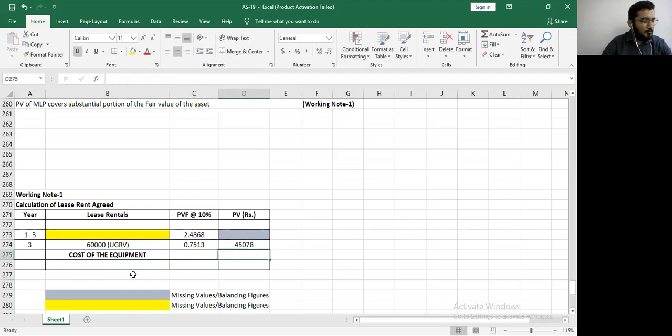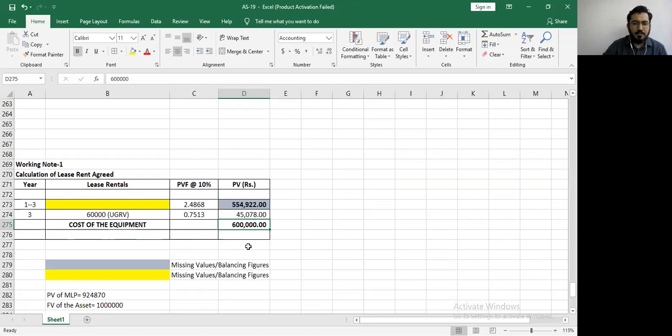Your cost of the equipment in the question is 6 lakhs. Your balancing figure will be, I'm sorry, this is 6 lakhs, 5 lakh 54,922.